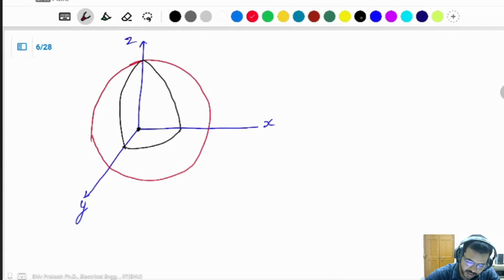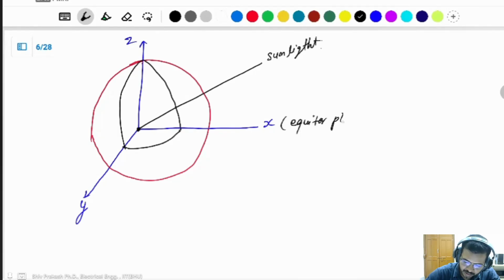To calculate the declination angle, this will be the sunlight. This plane is known as the equator plane. The angle from the equator plane to the sunlight is known as the declination angle. The simple formula.